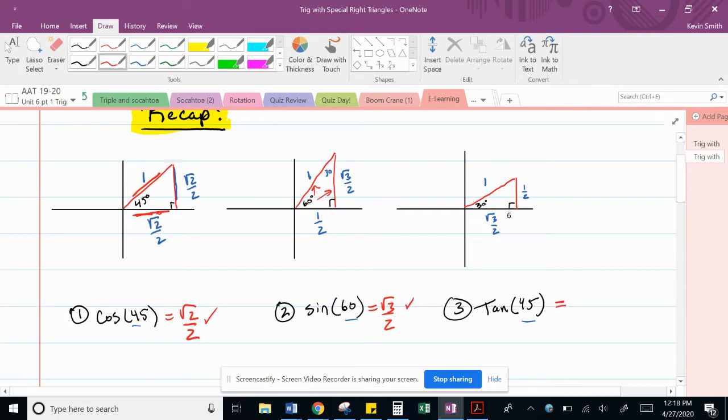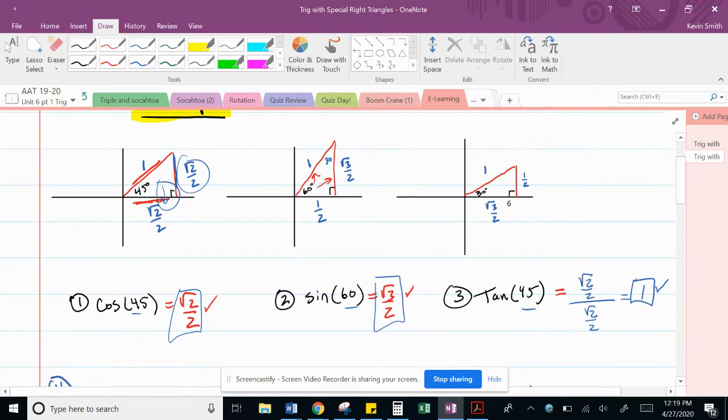And the tangent of 45 would be, that's over here, y over x. So it'd be root 2 over 2 divided by root 2 over 2, which is just 1. And of course, tangent is positive in quadrant 1. So we are done. So root 2 over 2, root 3 over 2, and 1.